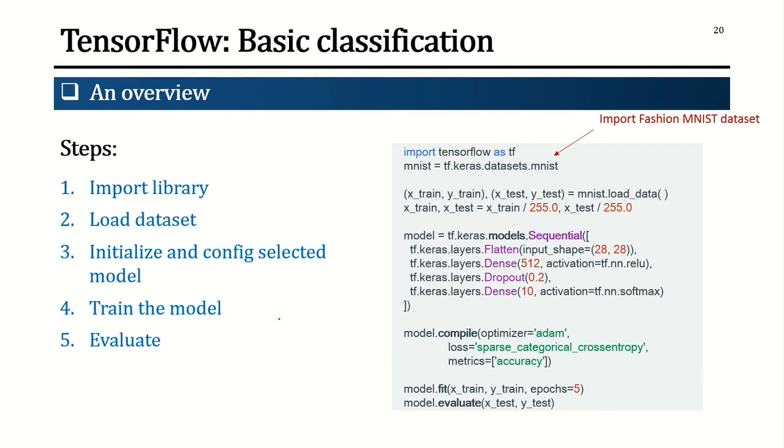This slide gives you an overview of an application in TensorFlow, which requires certain steps. We need to import certain libraries. Once you install the TensorFlow library, you can import it.